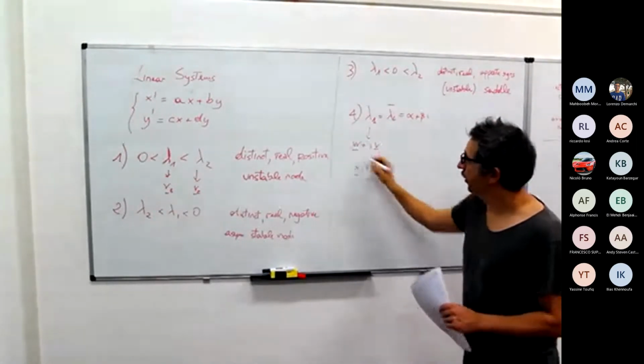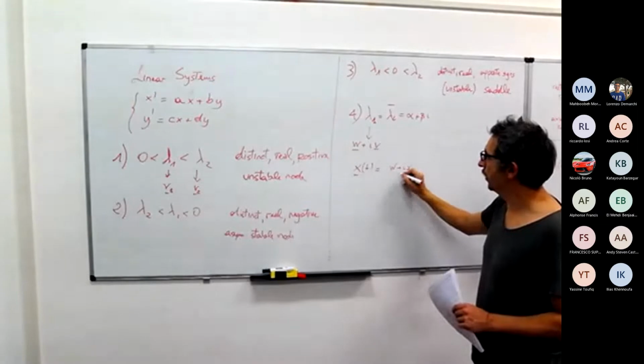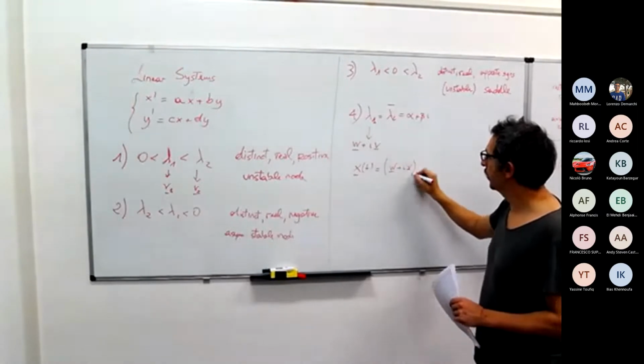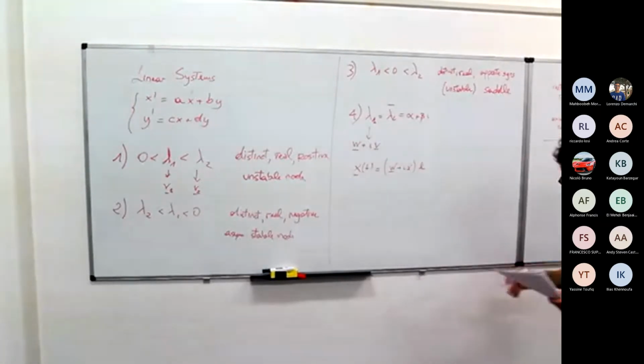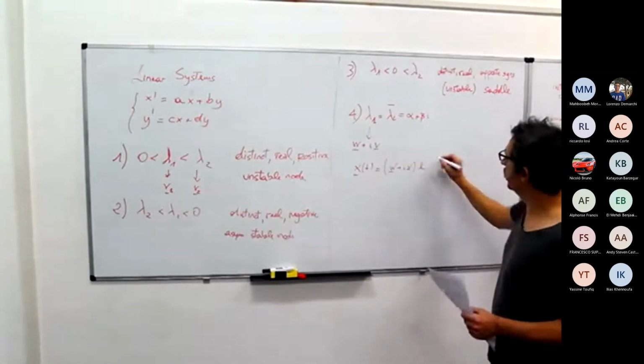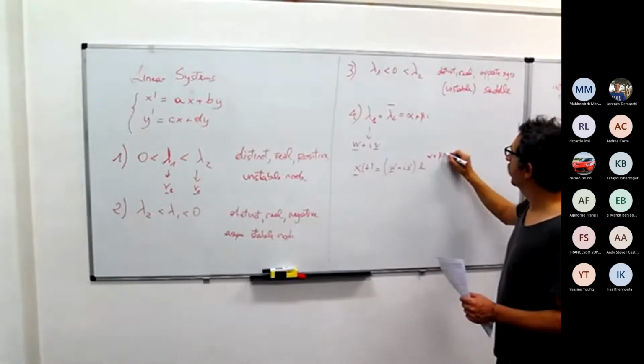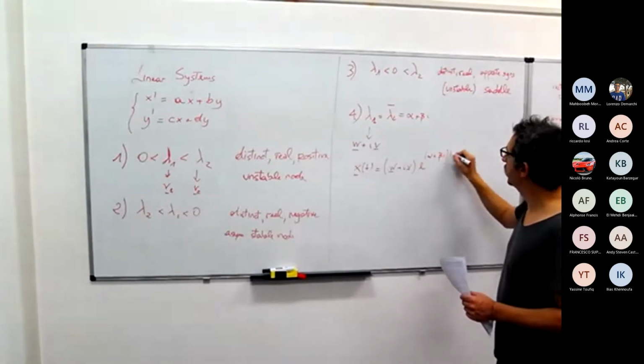x(t) is the eigenvector W plus iV times the exponential of lambda t, and lambda is alpha plus beta i.